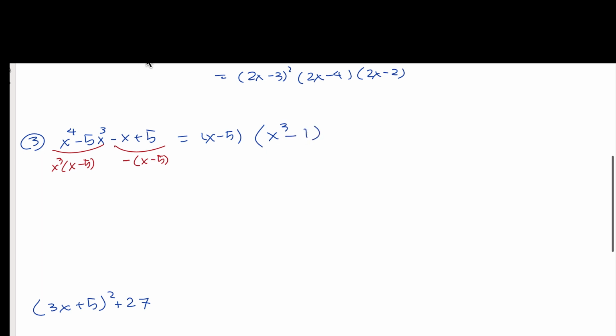Now, again, this looks like difference of cubes this time. And I know that difference of cubes is going to be, oh wait, a is x, b equal to 1. It's going to be x minus 5 times a minus b times a squared plus ab plus b squared.